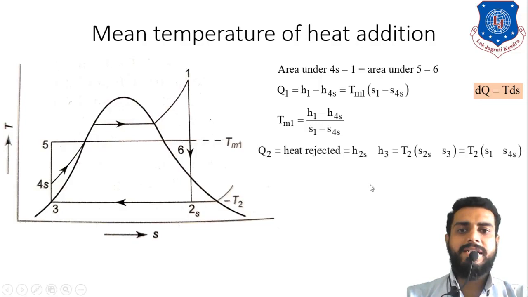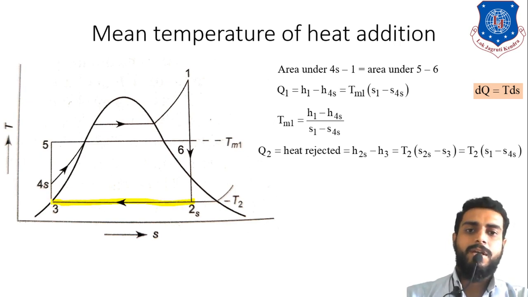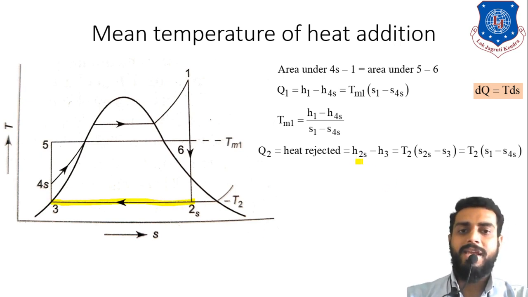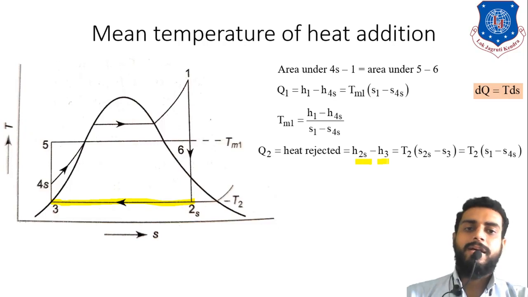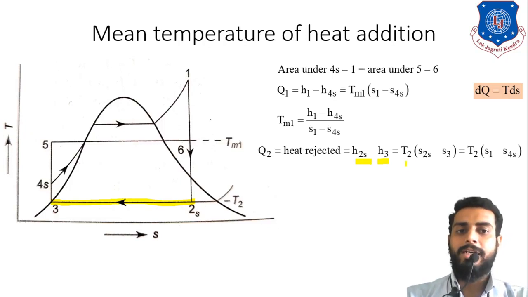Now heat rejected is equal to H2s minus H3. The heat rejection is taking place during this process, that is 2s to 3. So for that process, the enthalpy difference will be H2s minus H3. In TdS form you can write T2 into S2s minus S3.